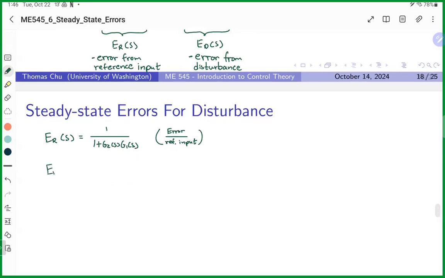And then E of D of S is equal to minus G2 of S divided by 1 plus G2 of S, G1 of S, which is our error divided by our disturbance input.